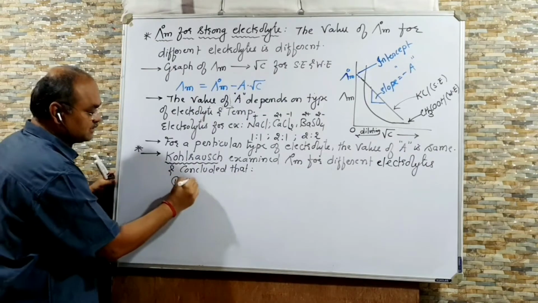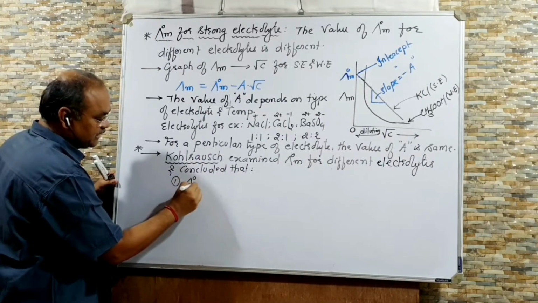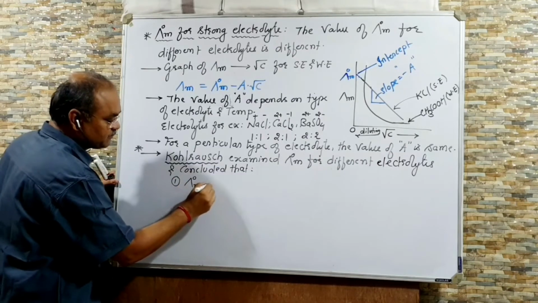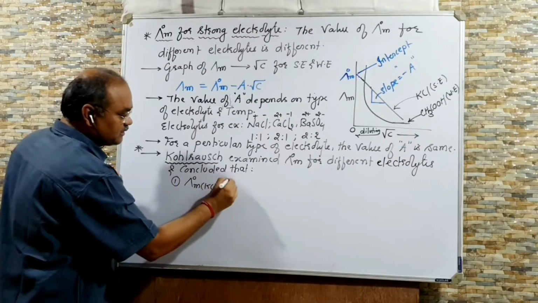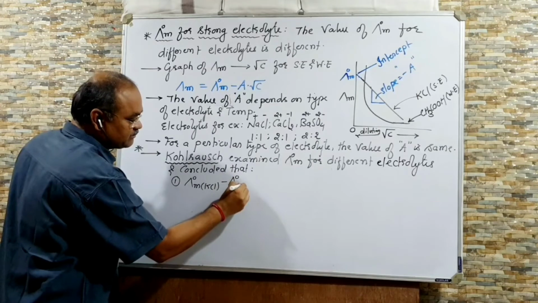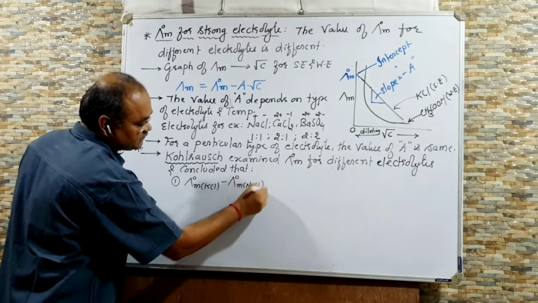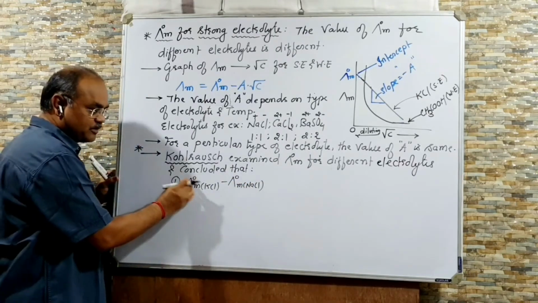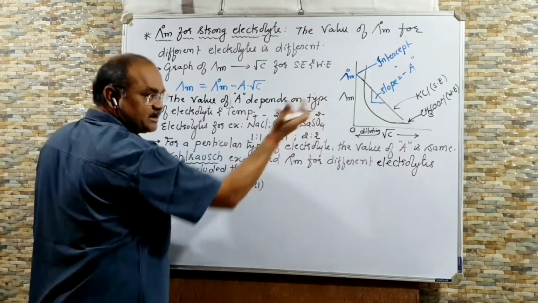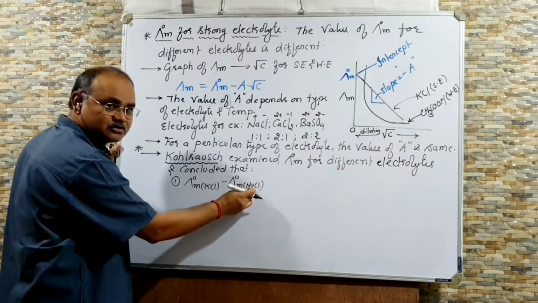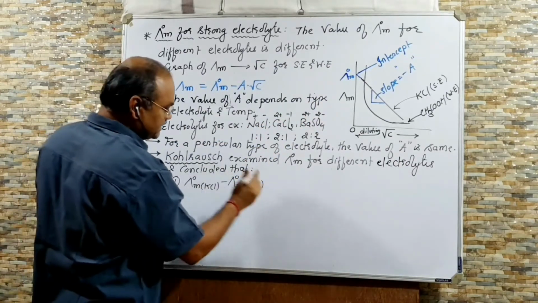First, lambda 0 m for KCl minus lambda 0 m for NaCl. He has found out lambda 0 m for KCl practically. Same way NaCl is also a strong electrolyte. So he measured and he has taken the difference.